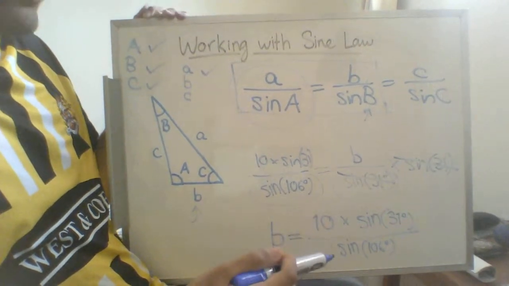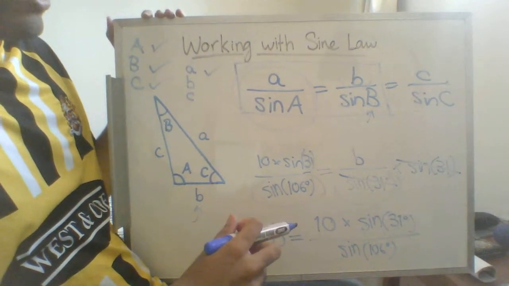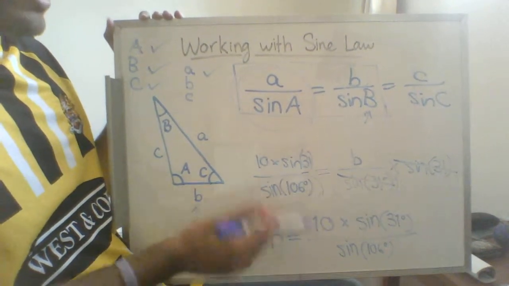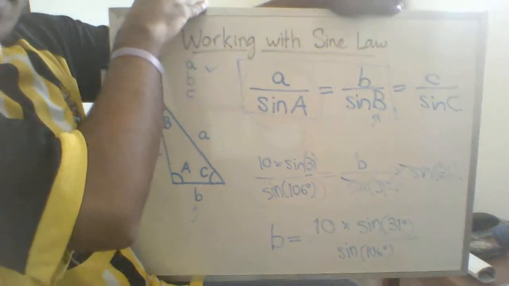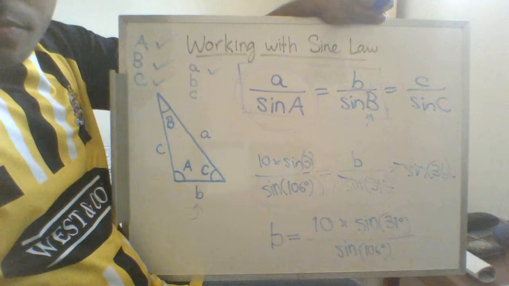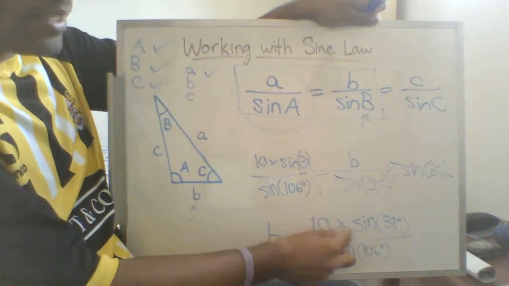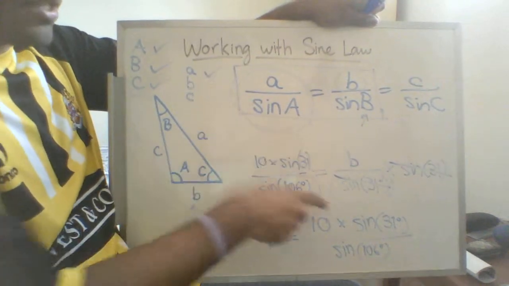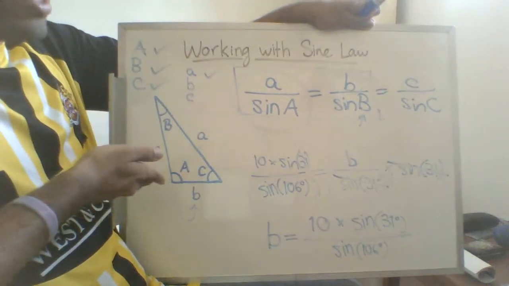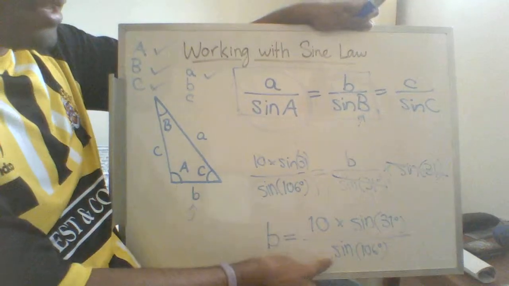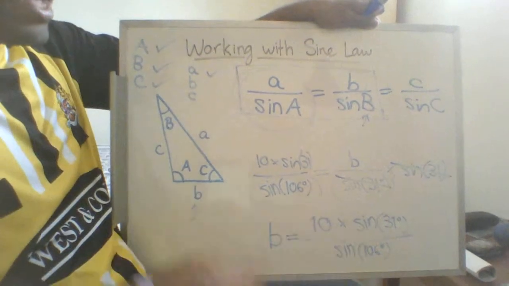Now, I don't know the number off the top of my head because they're not the nicest angles. I know sine of 30, and so I could make an approximation, but here's where you can pull out your calculator. Basically here, in your calculator, you just write 10 times the sine button, SIN, and then in brackets write 31, close bracket, divided by, hit the sine button, and in brackets write 106, close bracket, and hit equals.